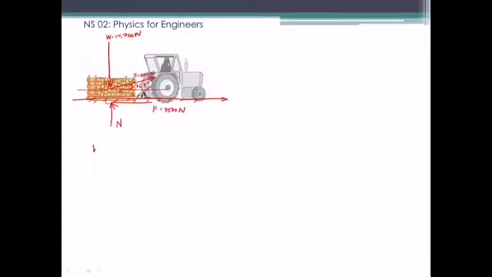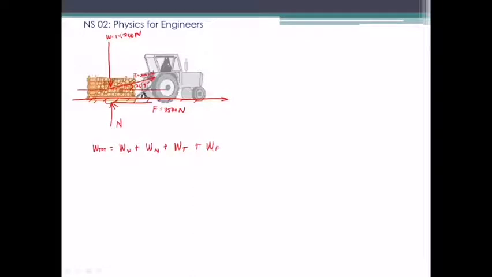So, the total work is equal to the algebraic sum of the work done on our sled, which is the work done by the weight, the work done by the normal force, plus the work done by the tractor's tension, and the work done by the friction force.